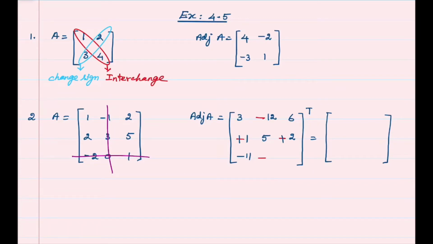That position gets a negative sign, minus 1. Cofactor of 1, 3 plus 2, 5. We will write the transpose of this, which is the adjoint. Don't forget the transposing step.